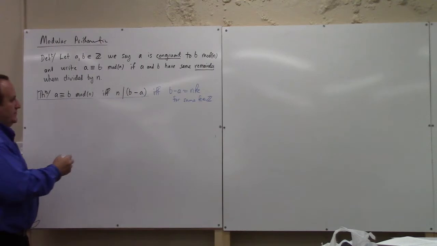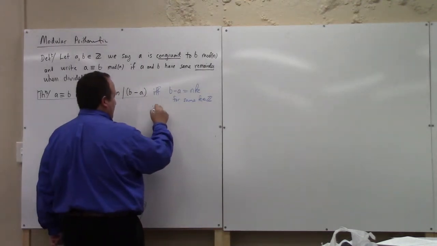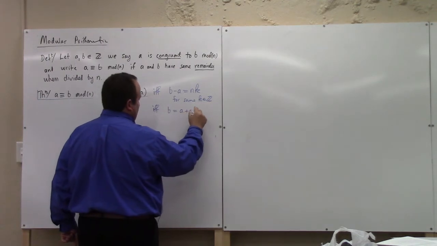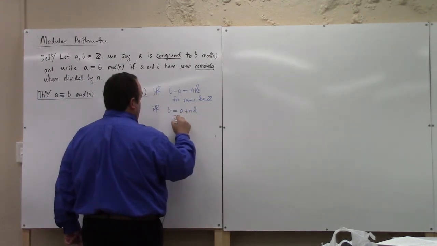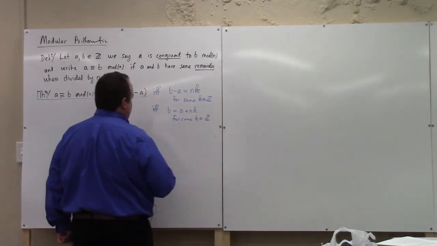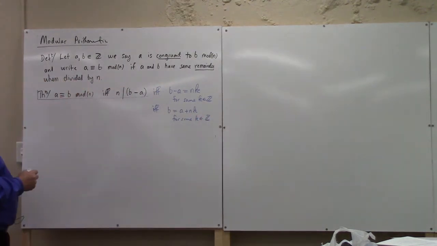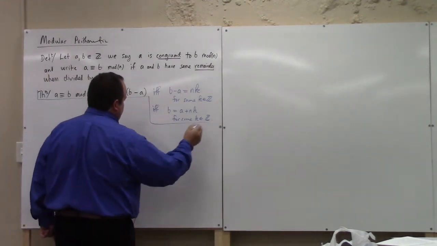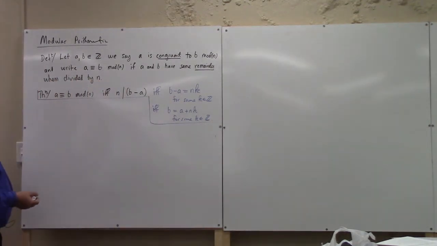Or, even better yet, B is equal to A plus nk for some k in Z. Truth be told, that's how I think about it. B and A are congruent if you can get from one to the other by adding some multiple of n. That's really my intuition for equivalence, congruence, mod n. But anyway, let me try to play nice here with this remainder statement.